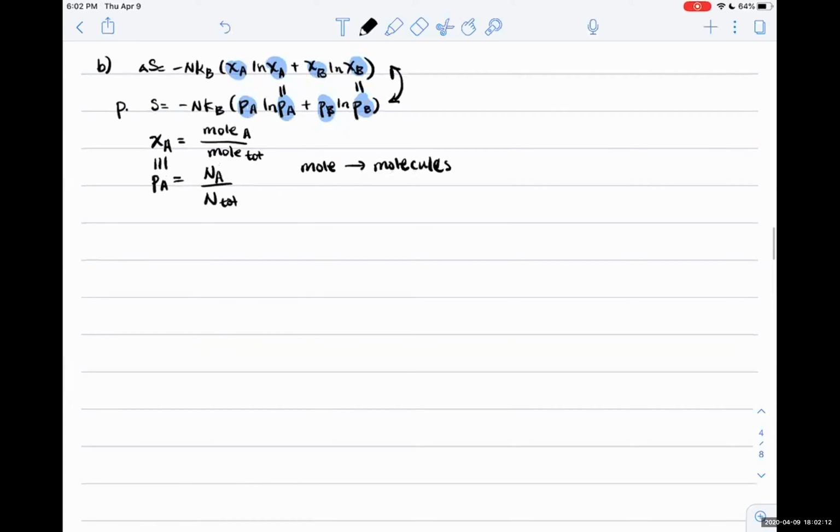We use the statistical definition of entropy to derive the probabilistic definition, using Stirling's approximation: ln N! is approximately N ln N minus N, which is closer when N is large.